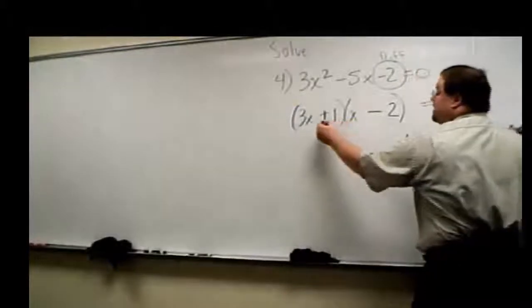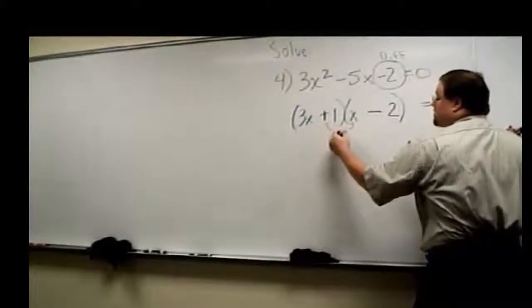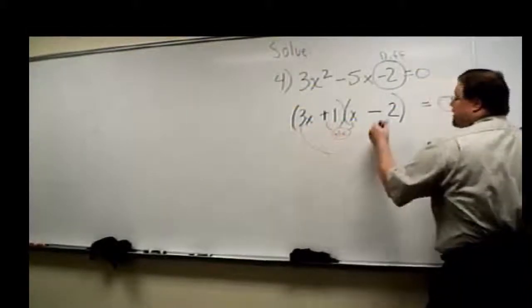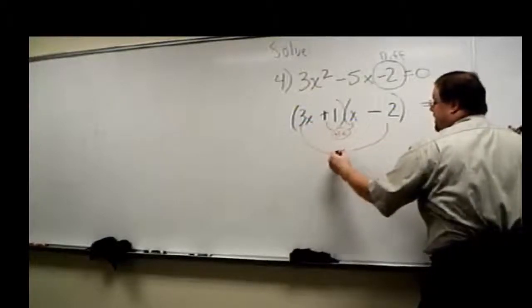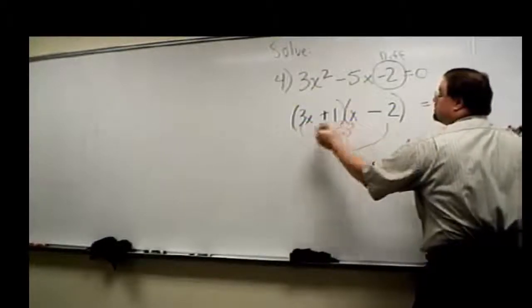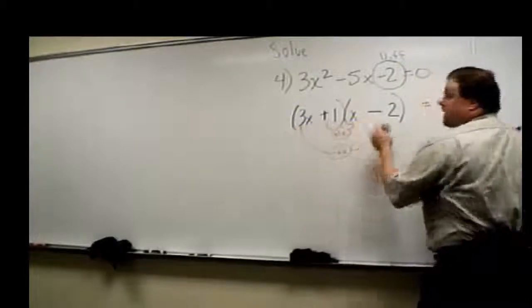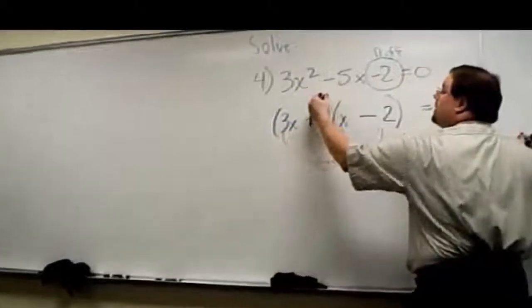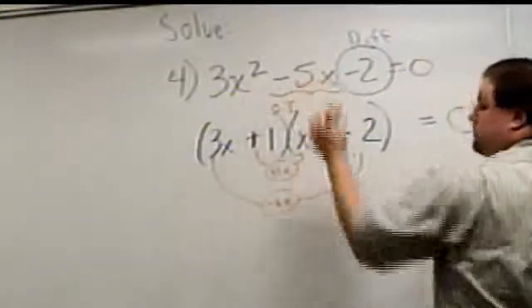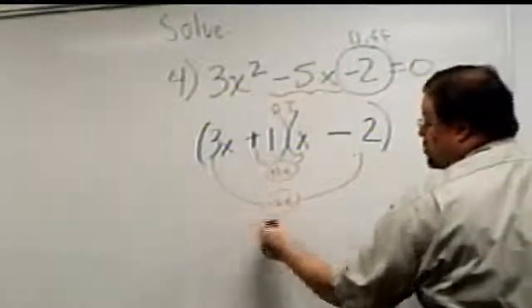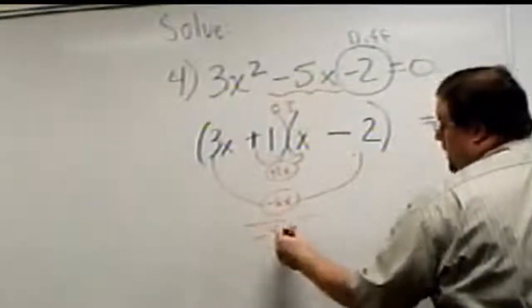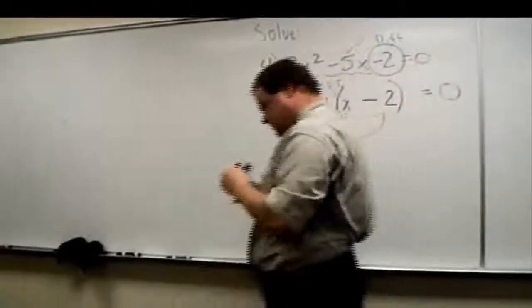So you do 1 times x here, that's plus 1x. And then you have 3x times negative 2, that's minus 6x. So you multiply the inner and then the outer, the OI and FOIL, because that's what makes the middle. And 1x minus 6x checks out to be negative 5x. So we're good to go, Professor Watson.